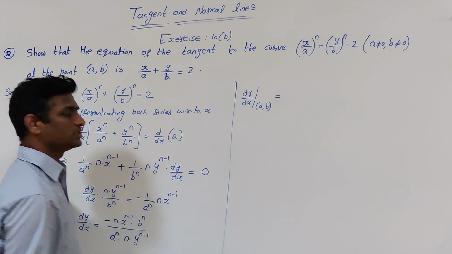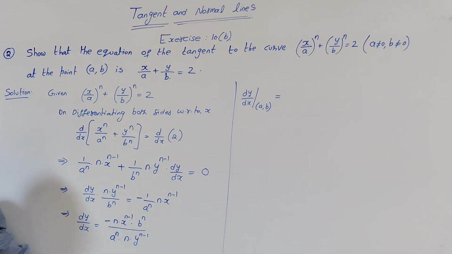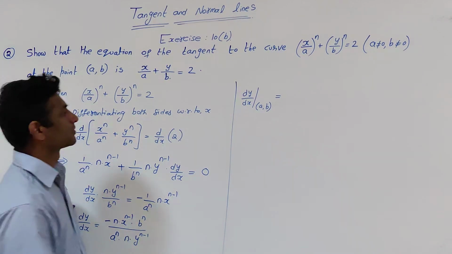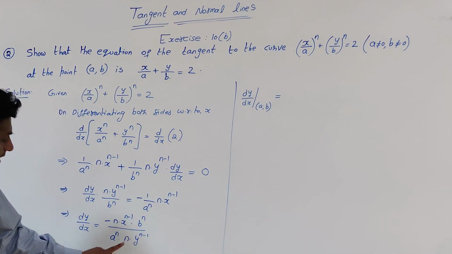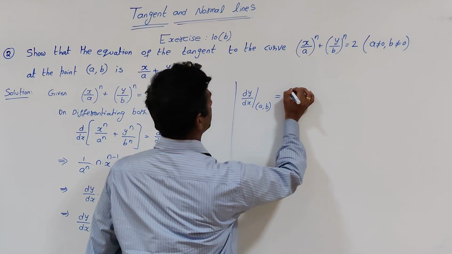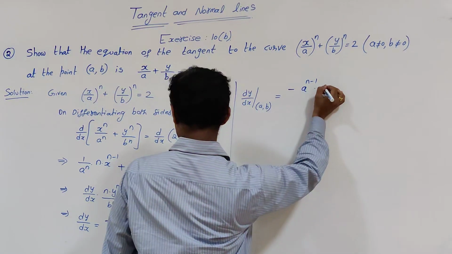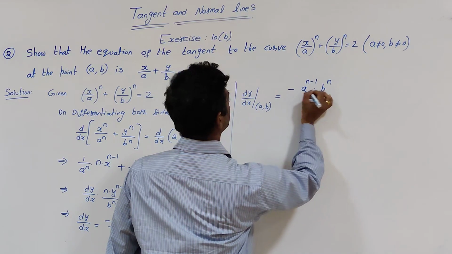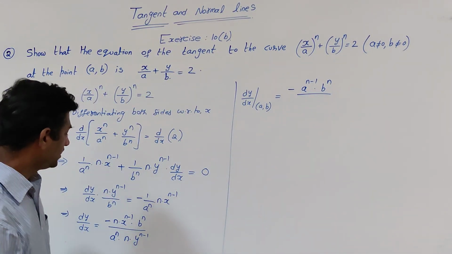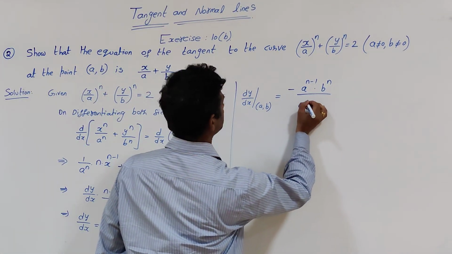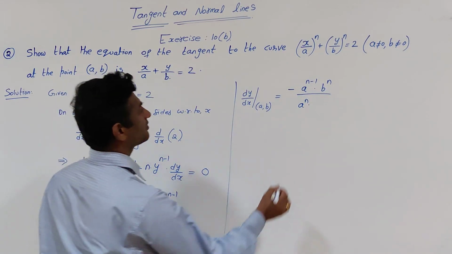So substitute x equal to a and y equal to b wherever required. As n and n get cancelled, it will be minus a^(n-1) into b^n by a^n into b^(n-1).